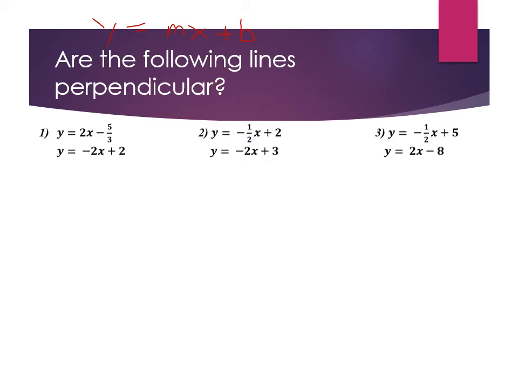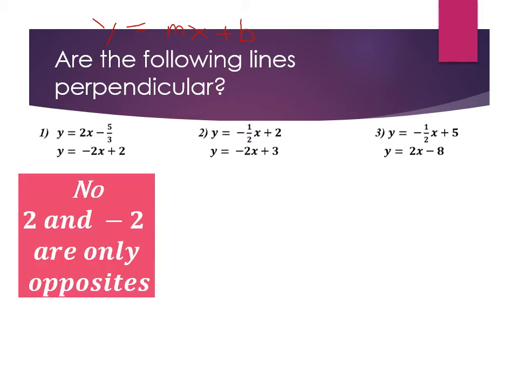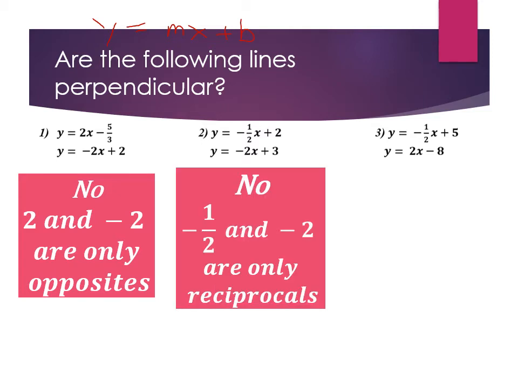Looking at number 1, are the slopes opposite reciprocals? The slopes are 2 and -2. So no, because they're opposites, but not opposite reciprocals. Number 2, I have -1/2 and -2. These are reciprocals, but they're not opposites.